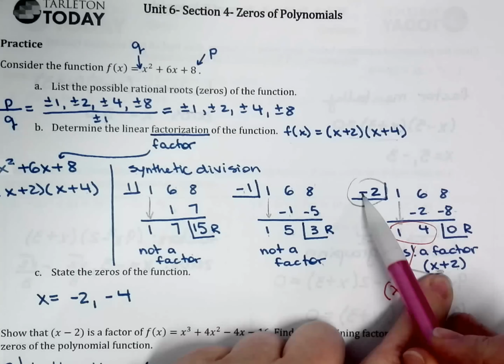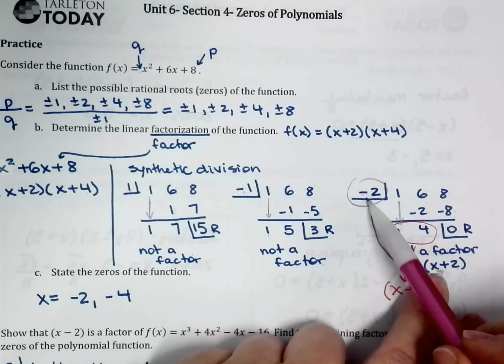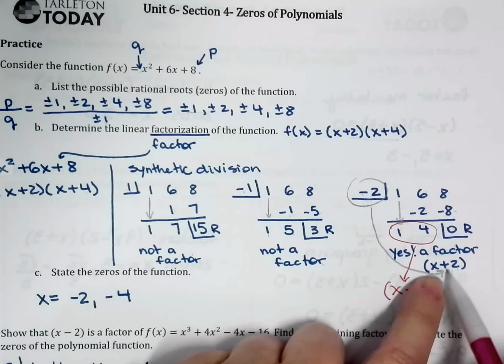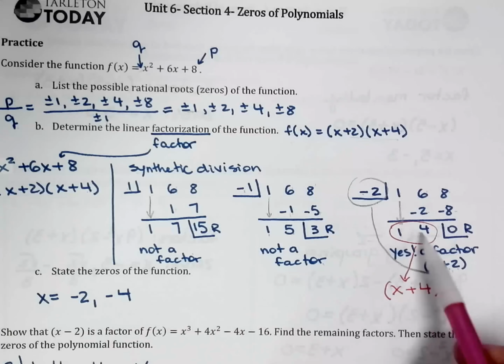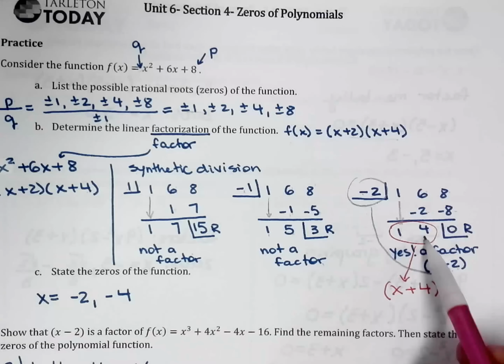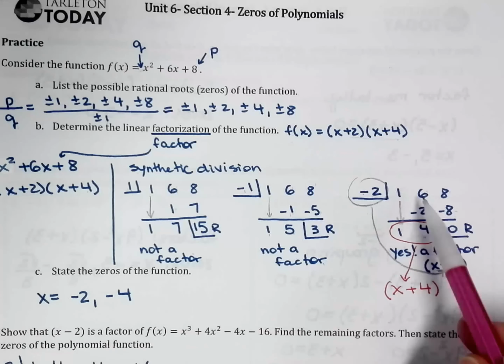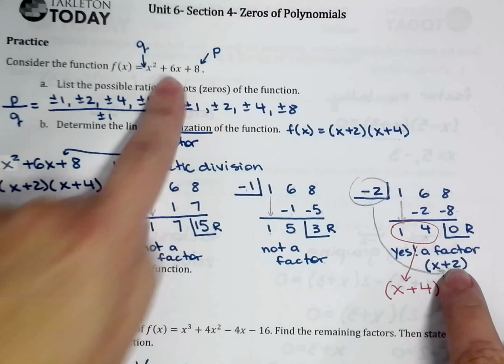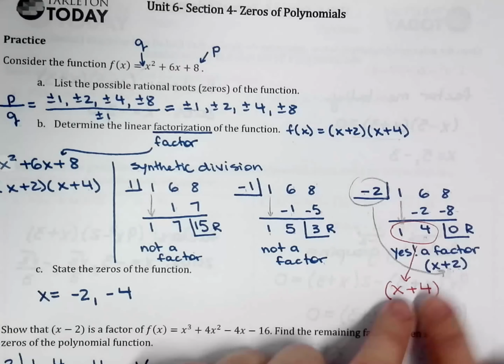Notice how I tested the -2, but to go from the zero of the function to the factor, I have to change the sign. So if this is a factor, that means this is also a factor too, because this is the result of the synthetic division that I did. So this divided by this, I get x plus 4.